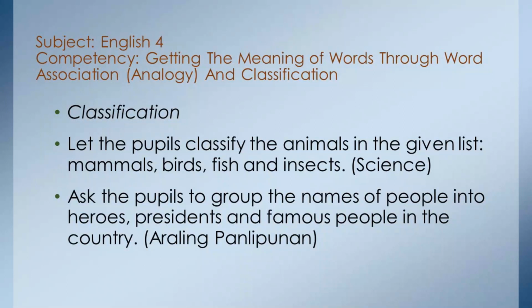Concept, group of animals. Integrated subject, science. Another activity, ask the pupils to group the names of people into heroes, presidents, and famous people in the country. Concept, mga bayani, mga pangulo ng bansa, at mga kilalang tao sa bayan. Subject, integrated, araling panlipunan.